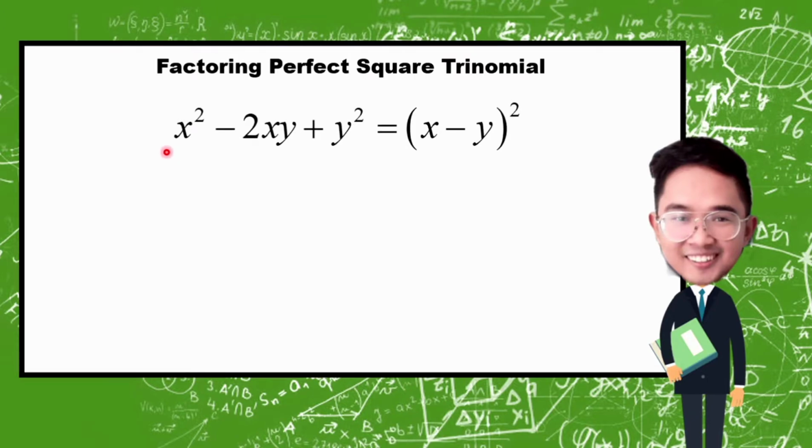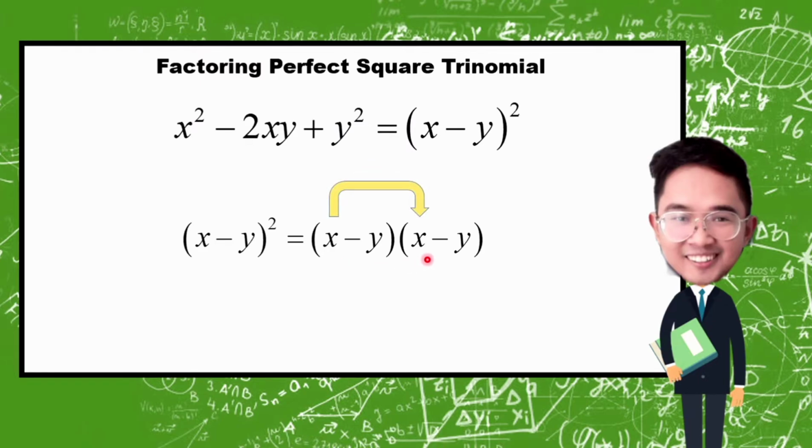X squared minus 2xy plus y squared is equal to the quantity of x minus y to the power of 2. Let's check. The quantity of x minus y to the power of 2 is equal to the quantity of x minus y multiplied by the quantity of x minus y. Let's use FOIL method. X multiplied by x is x squared. X multiplied by negative y is equal to negative xy.